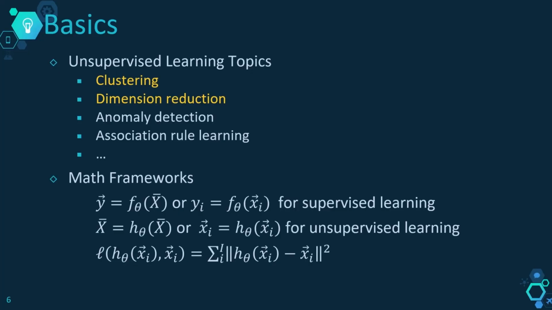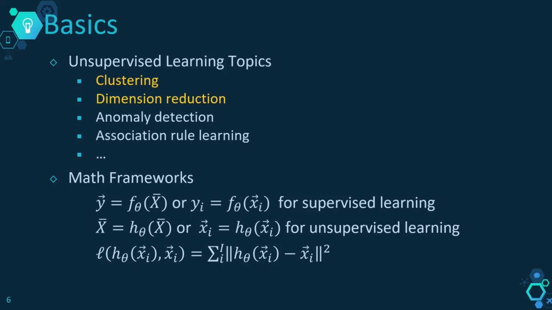Then let's move back a little bit and take a look at unsupervised learning as a whole. We have many different unsupervised learning topics, such as clustering. That's what we are doing now. Next week, we will do dimension reduction. And another very useful unsupervised learning topic is anomaly detection.